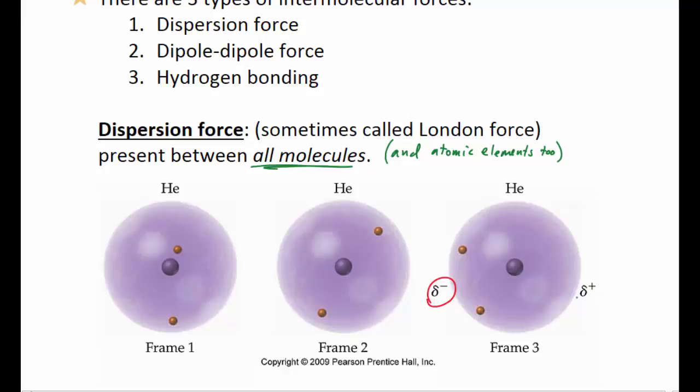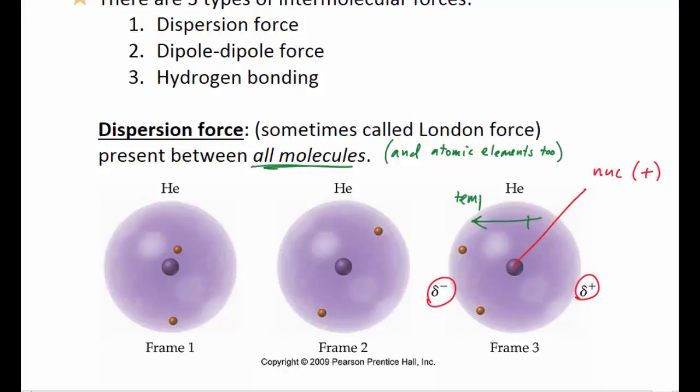Okay? This side is a little more positive because there are no electrons here, and what we're actually seeing is the nucleus. Okay? The nucleus has protons in it that make it positive. Okay? But just after that, those electrons could be flying all over, okay, in other places. But what's important about this is that at that instant in time, that becomes temporarily polar.